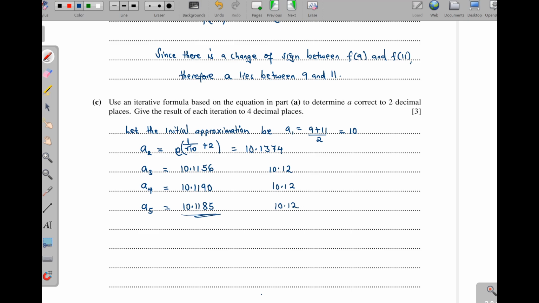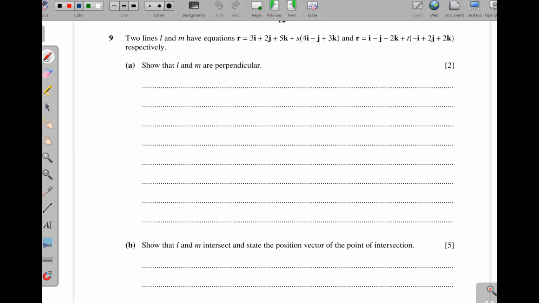So we already have our answer here. So our A is therefore going to be 10.12 to 2 decimal places. And that is that.